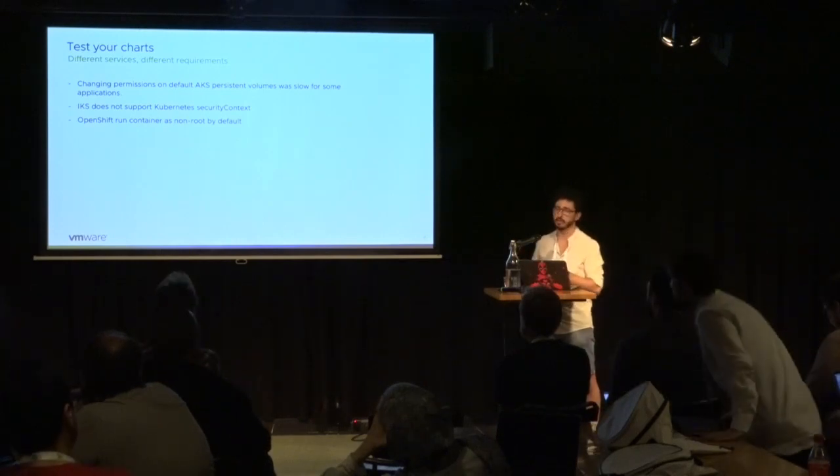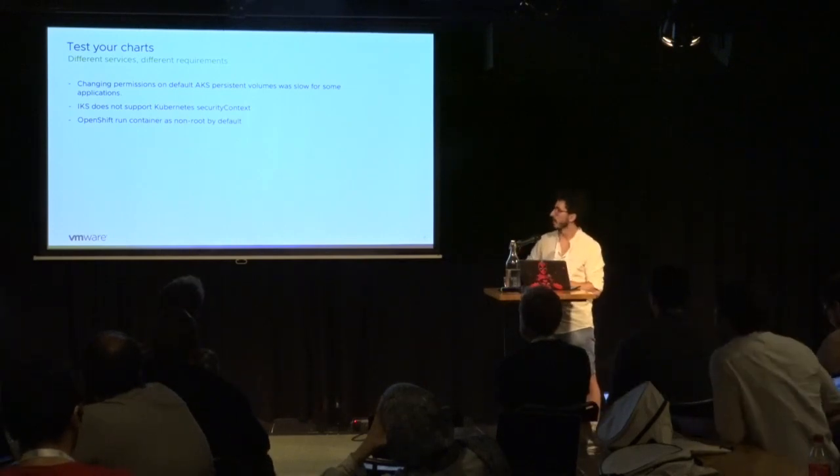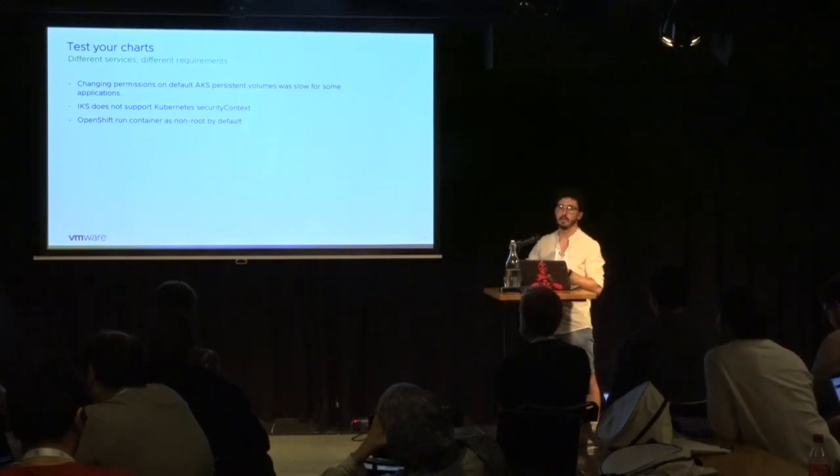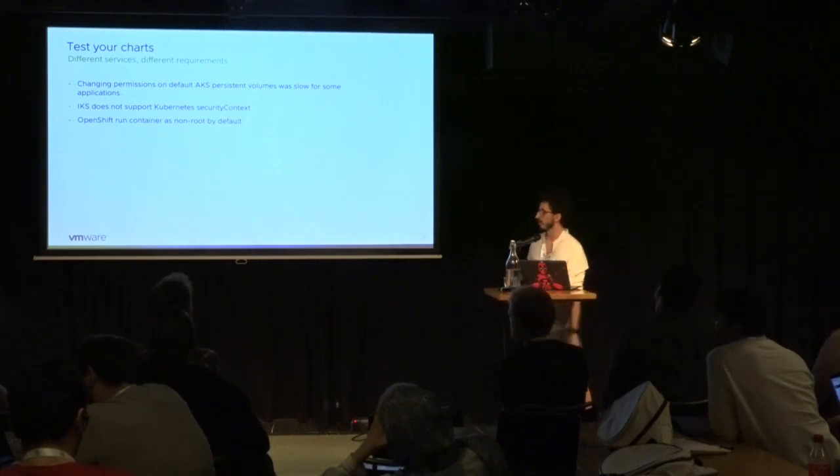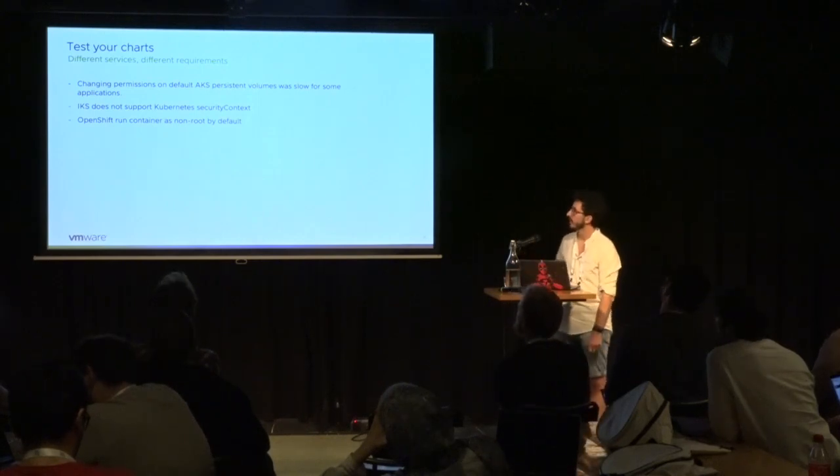Kubernetes was killing the pod before the containers got to a stable state, because changing the permissions was so slow that the liveness and readiness probe was killing the container.